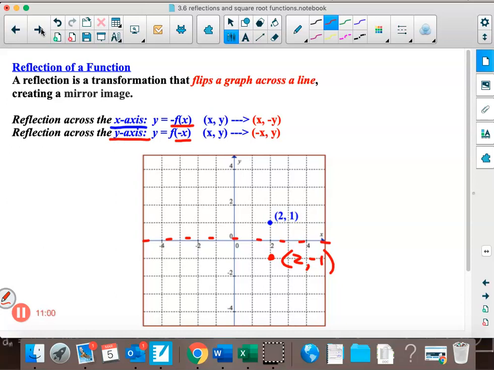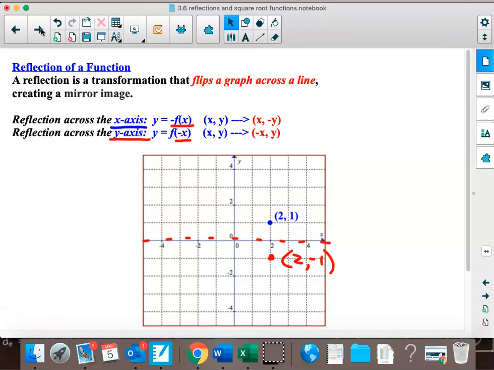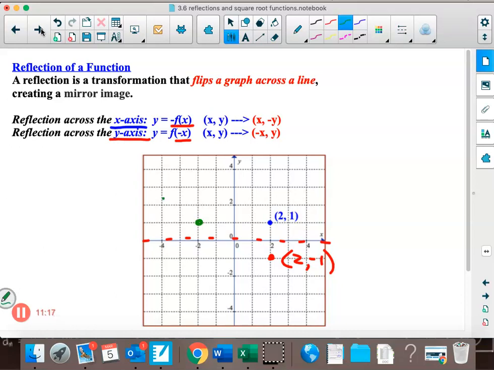It should be a mirror image. So when you multiply the y by negative 1, you reflect over the x-axis. If you multiply the x by negative 1, so say here, instead of 2, 1, we go to negative 2, 1.